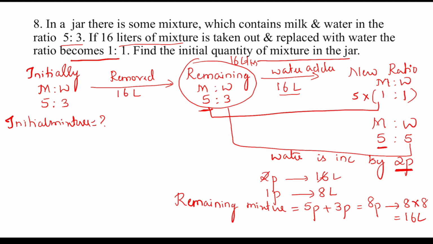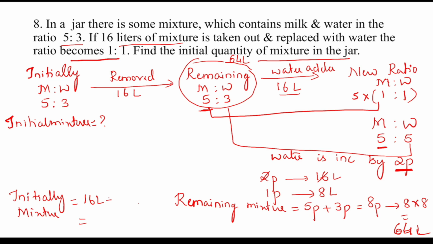So the remaining mixture was 64 liters. When 16 liters was removed from the original, 64 liters was remaining.